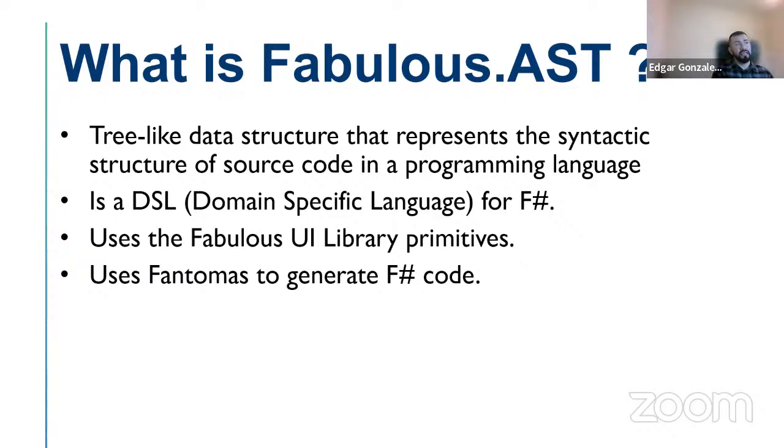It is a DSL, which stands for domain specific language, specifically for F#, and it uses behind the scenes the UI primitives of a library called Fabulous that I will show you a little bit in a few slides. But the most important thing, it uses the already battle tested and proven Fantomas API to generate code.